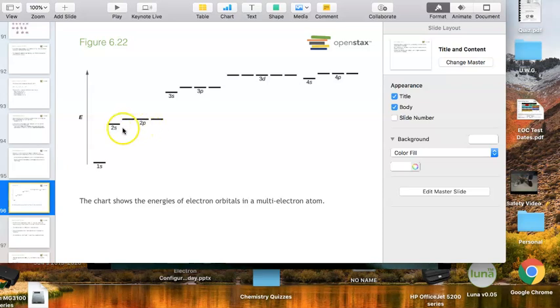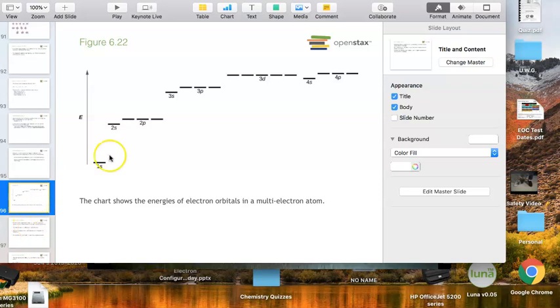So s has an L value of 0, and p has an L value of 1. So p is going to have a higher energy than an s subshell would, even though they have the same quantum number, because the subshells are different. d has higher energy than p or s, since its L value is 2. That's the relationship between quantum numbers, subshells, and energy.